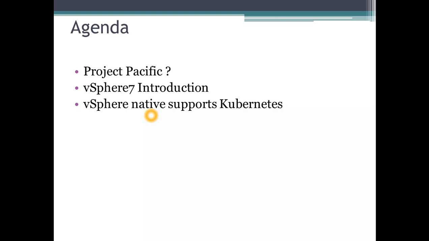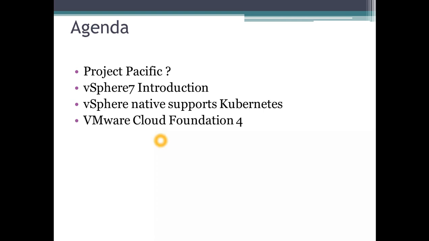We'll look into vSphere native support for Kubernetes, which is the latest feature vSphere 7 is going to bring. It's a game changer, so we'll dive into the existing environment, how we have it and how the modern application works. We'll go through some of the pinch points where vSphere native Kubernetes can help us.